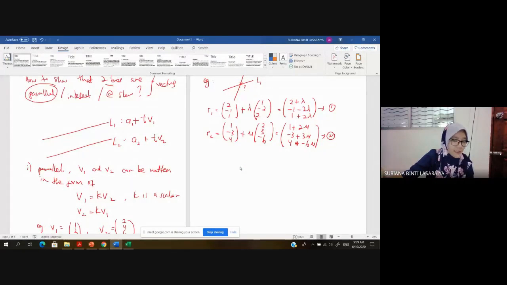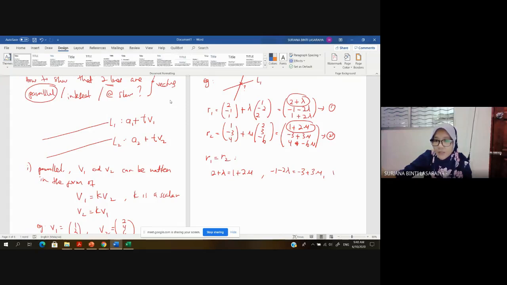Ada yang tertinggal? Boleh? So the first equation you compare x component dengan x component. So you akan dapat ini 2 plus lambda equals to 1 plus 2 mu. Okay. So you rearrange. Your aim is to find what is the value of lambda and mu. Okay. The second one ini, negative 1 minus 2 lambda equals to negative 3 plus 3 mu.